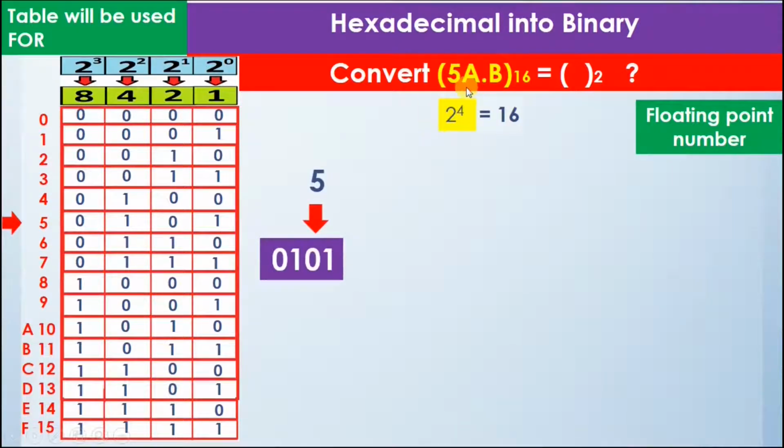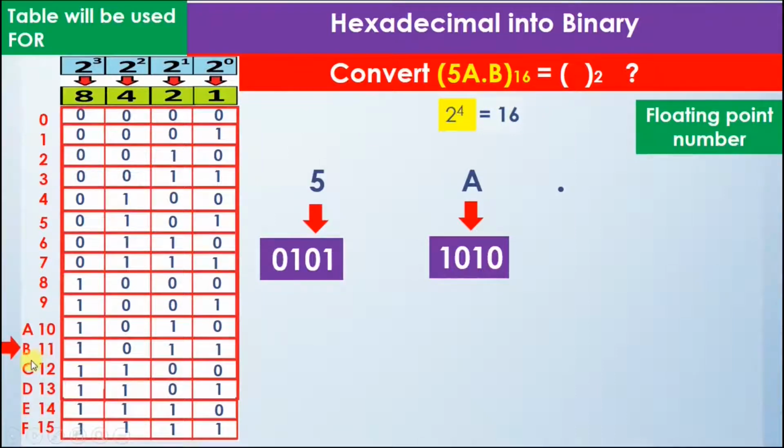The next number we have is a, and we will find the value of a in the table. So where is the value of a in the table? Here. And the binary value of a in the table is 1010, that is 10. So we write a as 1010. Next comes the decimal point, so it comes here. And the next number we have is b. So we will find the value of b in the table. Where is the value of b in the table?